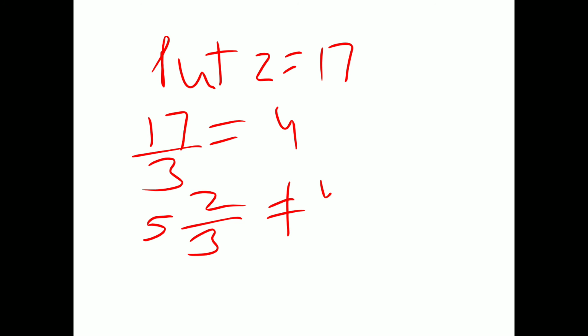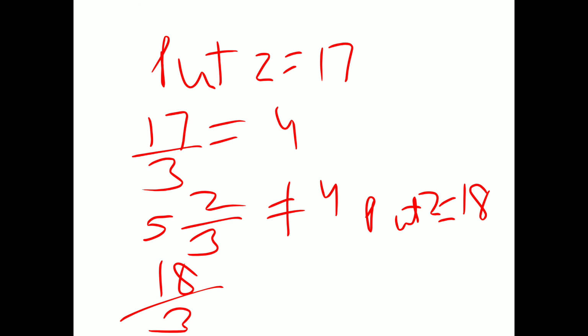It is not equals to 4. Now we put z is equals to 18. 18 divided by 3, it should be equals to 4. 6 is not equals to 4.